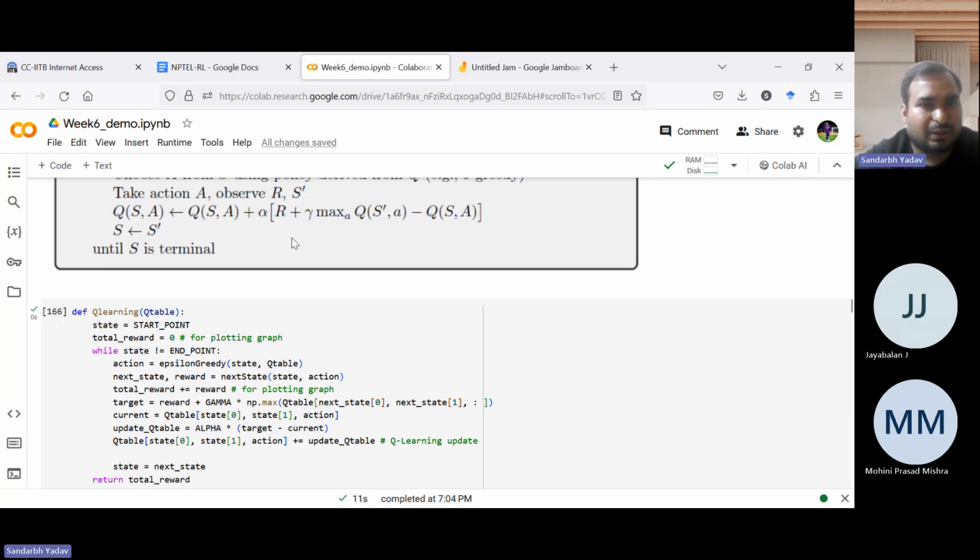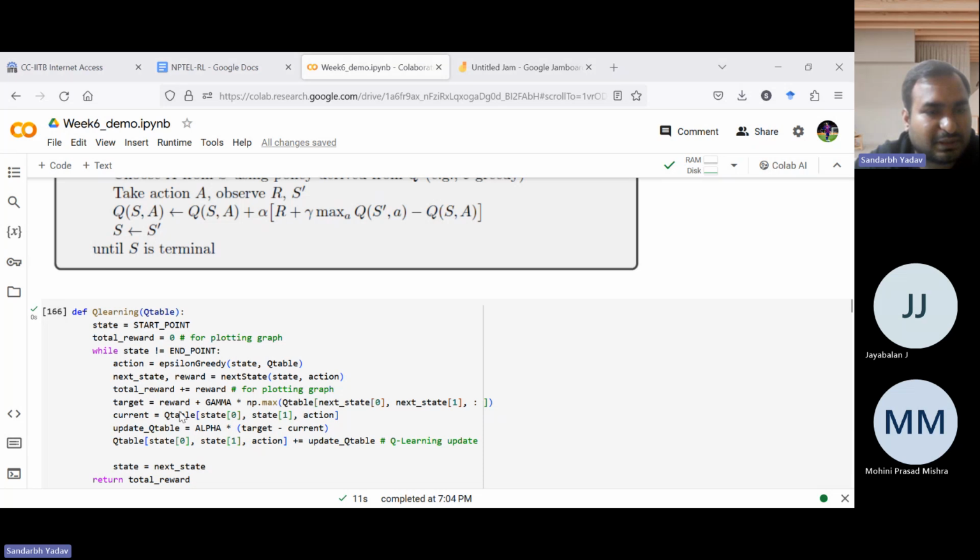So this is the target: reward plus discount factor times max over all the Q, where the max is over all the actions. This is the target which we got, and current we can simply get by reading the index. So you pass the current state and current action, and you will get the current estimate of this Q. And again, this is the update: alpha multiplied by this TD error, target minus current.